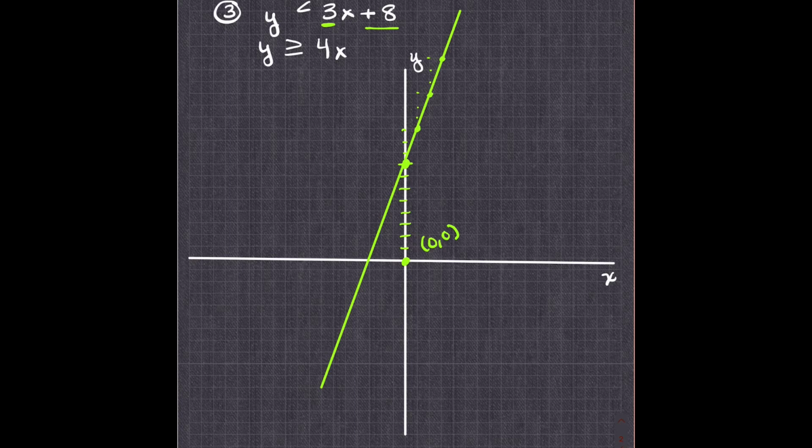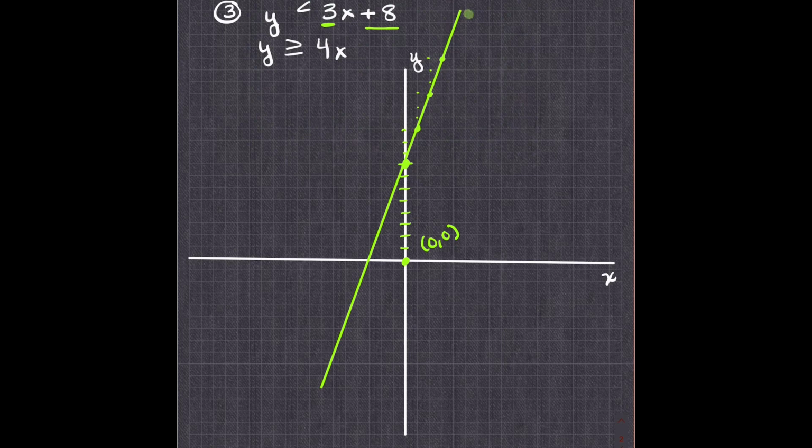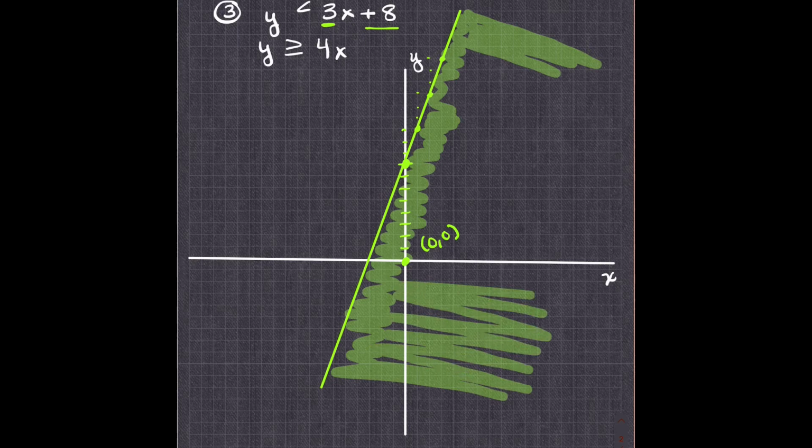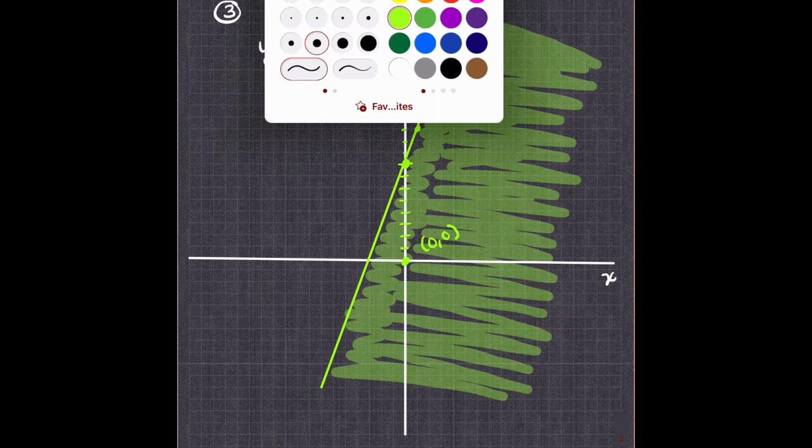So I am coloring here. All of this is colored over here. So that is just the y is less than 3x plus 8 part of this.